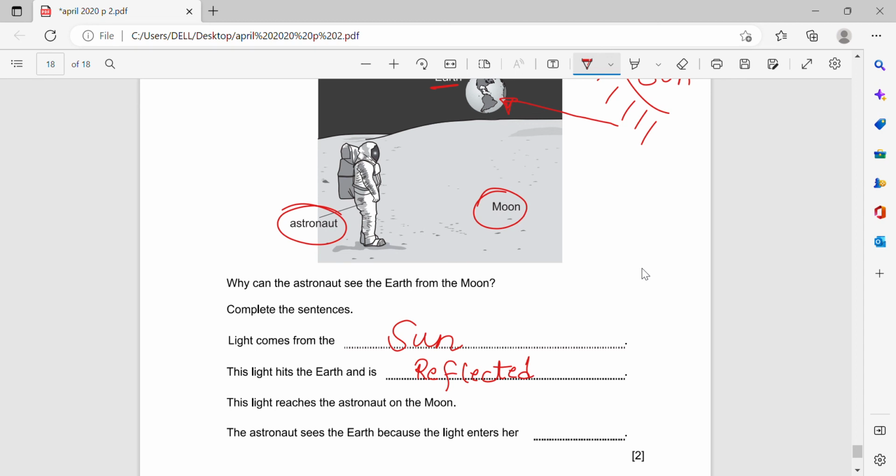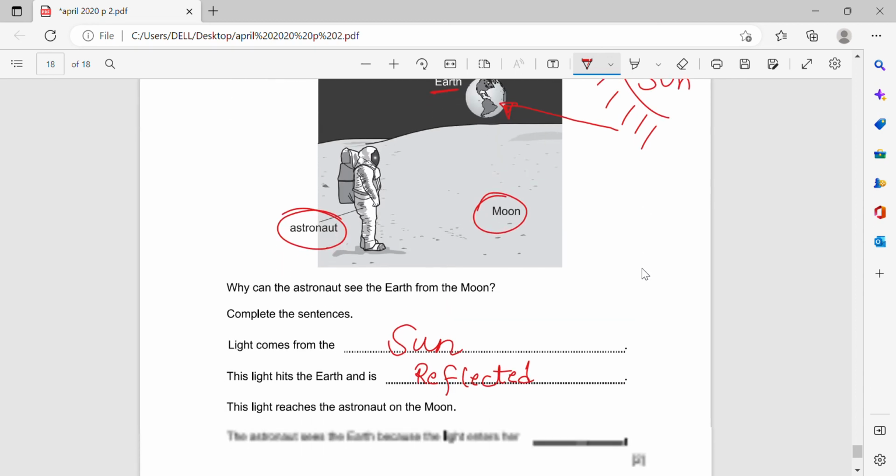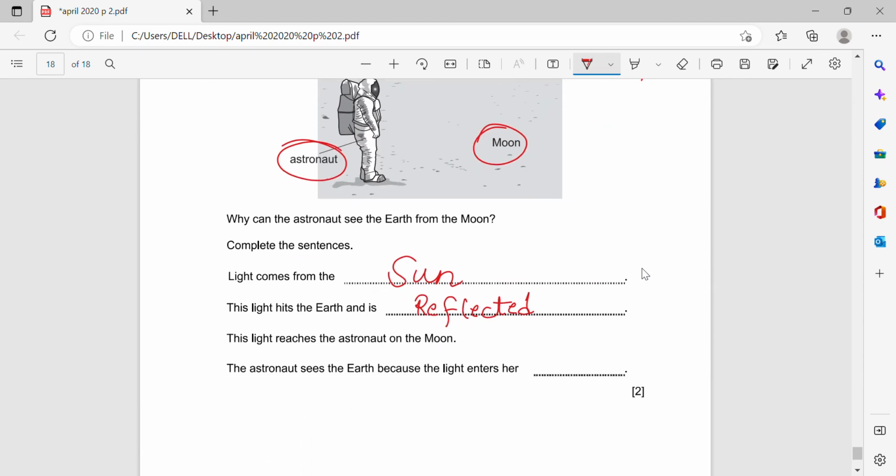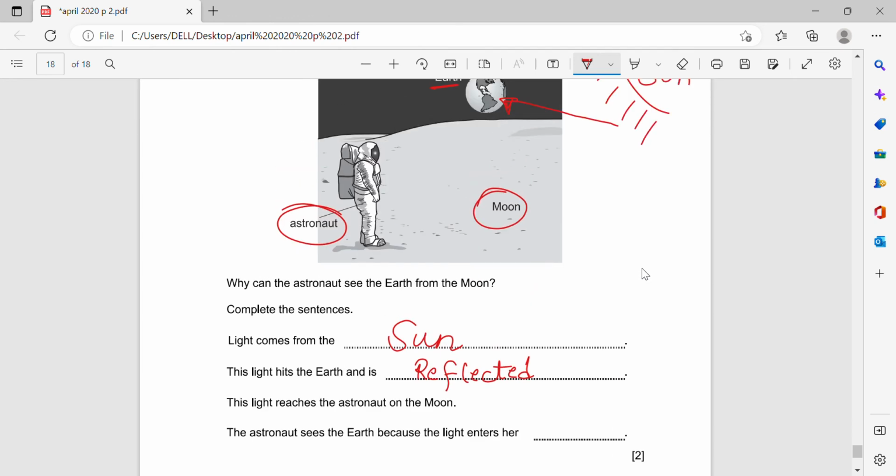This light reaches the astronaut on the moon. The astronaut sees the earth because the light enters her. Okay, so why can the astronaut see the earth? Because the light enters her eyes.